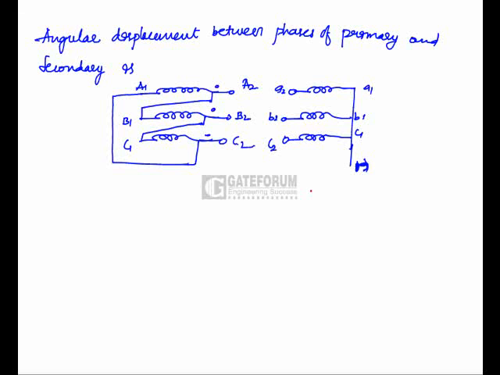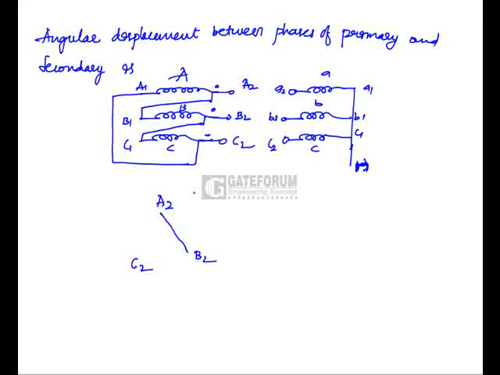Between phases of primary and secondary is, okay, let us take primary first. I will take the connection between A1 and A2 as A phase. Similarly, this is B, this one is C. Here this is A, B, C respectively in primary and secondary. Now primary is connected in delta fashion. Let us take this as A2, B2, C2.